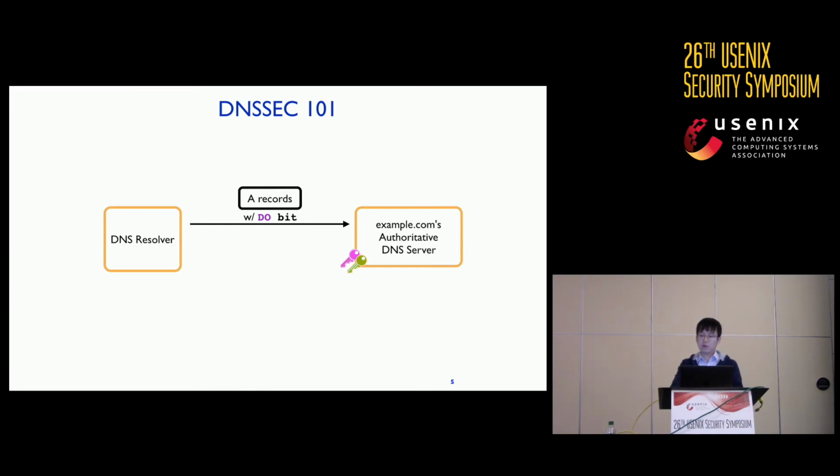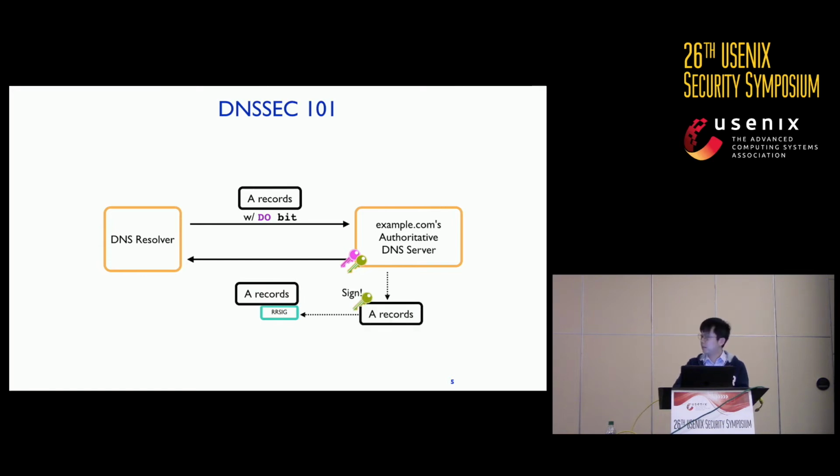Then the authoritative server returns a record with the signature that is signed by its private key. Now, of course, the problem is how do you validate the signatures? You need a DNS key. So it returns the DNS key. Then another problem happens. How can a resolver believe that the DNS key actually belongs to example.com?